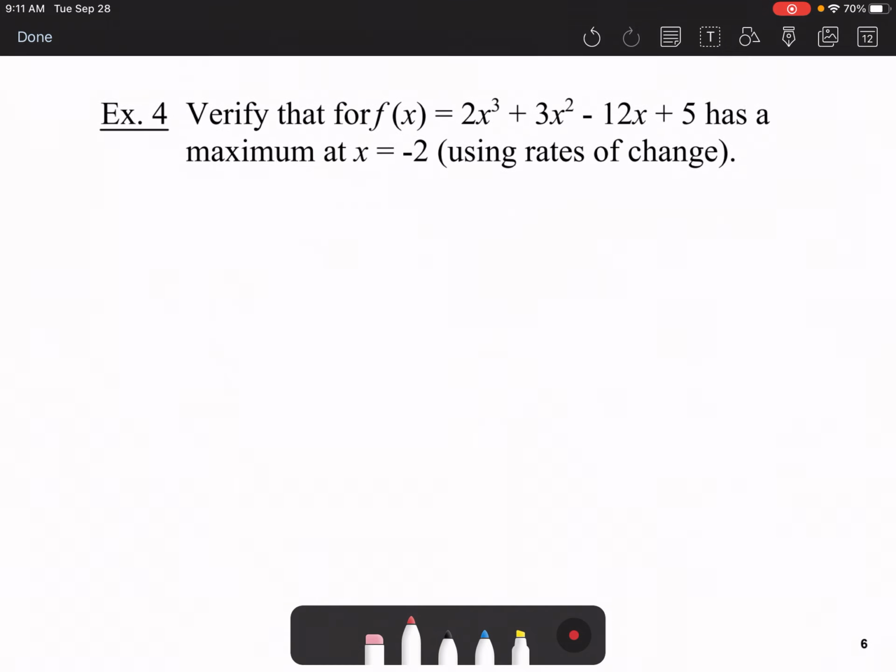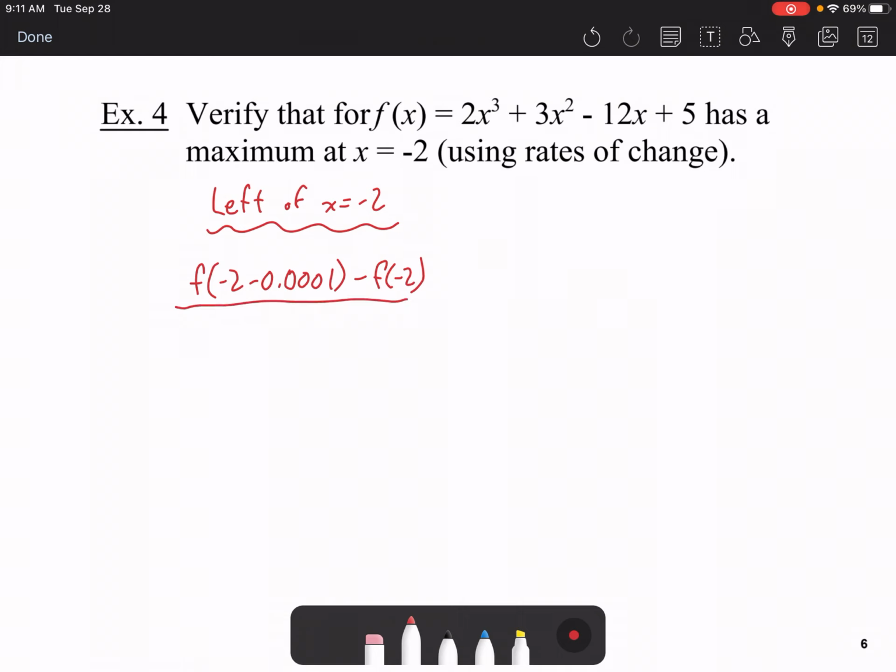Okay, so let's try this, and I'll show you how it works out with just 2 of them. We're going to first look at the left of x equal to -2. If we're looking on the left, that means instead of adding the value of h, we're going to subtract the value of h. So we're going to write f at -2 minus 0.0001 minus f at -2, all over -0.0001.